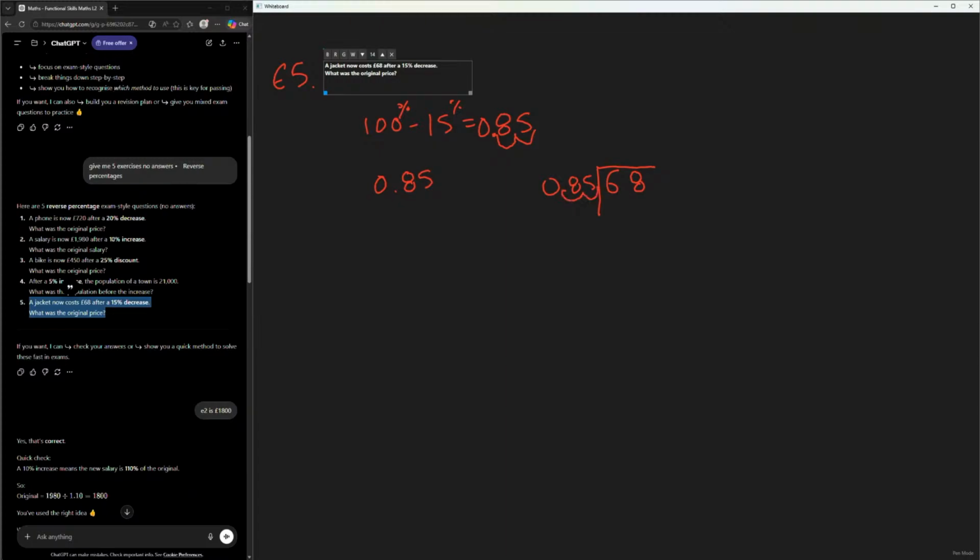To remove the decimal, I go there. So now we have 85. How many times does it fit here? Okay. Now the question is, do I divide the whole number or do I divide the 3 digits?